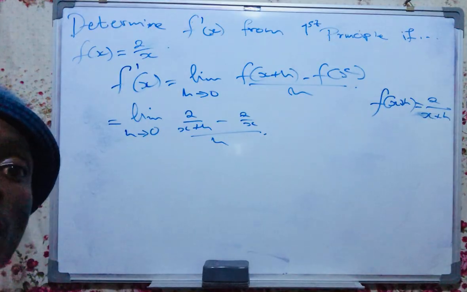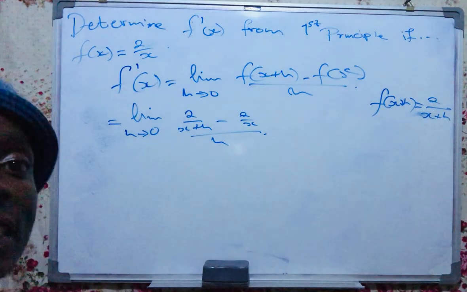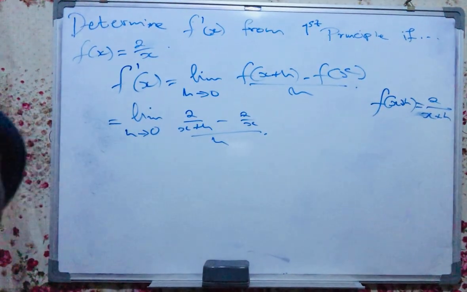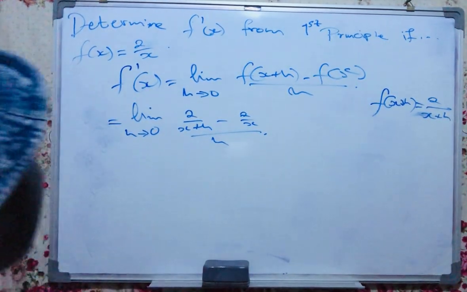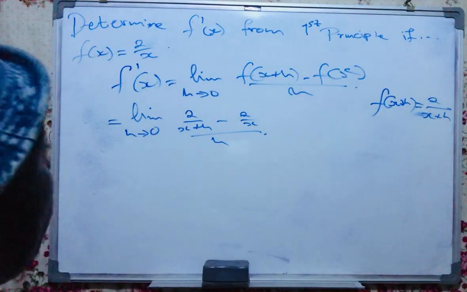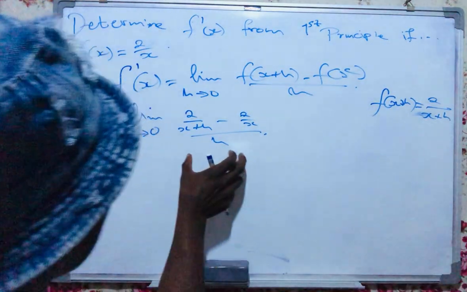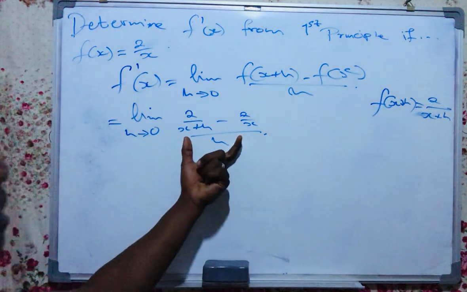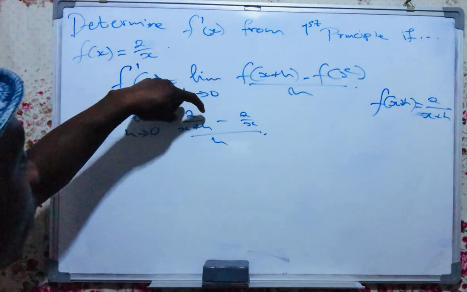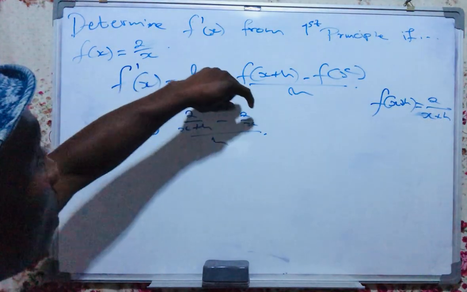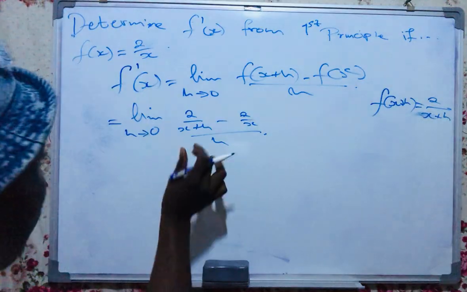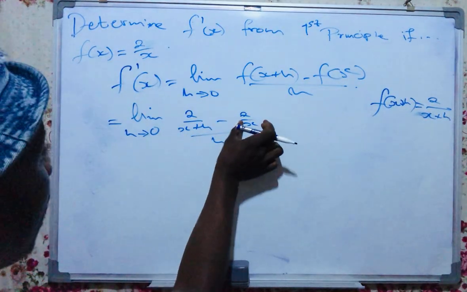So what needs to happen is as follows. We will multiply our function by some factors of the denominators of the two fractions that we have in our numerator. What is that? We have x plus h and x.